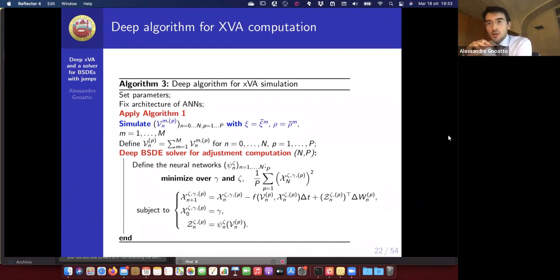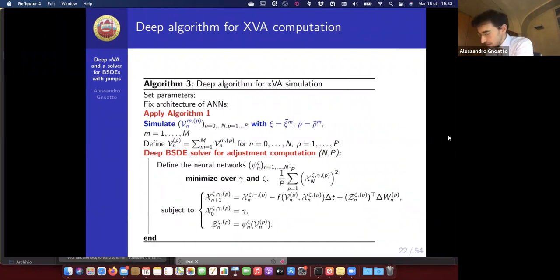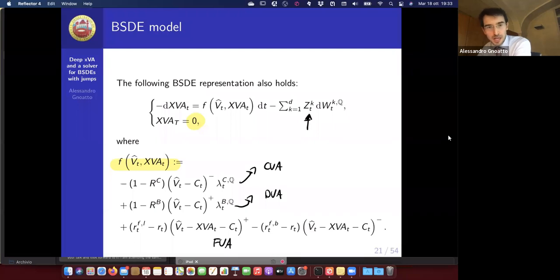After that, you start running the Deep BSDE solver once again, but this time we want to approximate this BSDE here. Remember that inside the driver of this BSDE, I have the V-hat. So when I am trying to solve the second BSDE, I will need to recall the simulated BSDE that I obtained from the first solver.